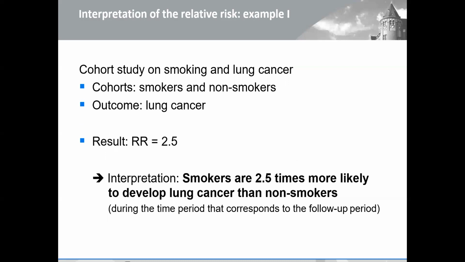So this is an example. How do we interpret our relative risk? This was a cohort of smokers and lung cancer. So we got those who smoked, and those who didn't smoke. Then among those, our outcome was lung cancer. If you take the incidence among smokers and the incidence among non-smokers for lung cancer, and we divide, if you get a relative risk of 2.5, how do you interpret this?